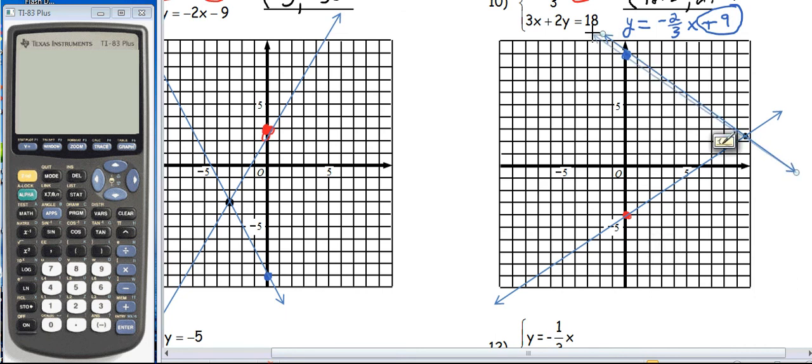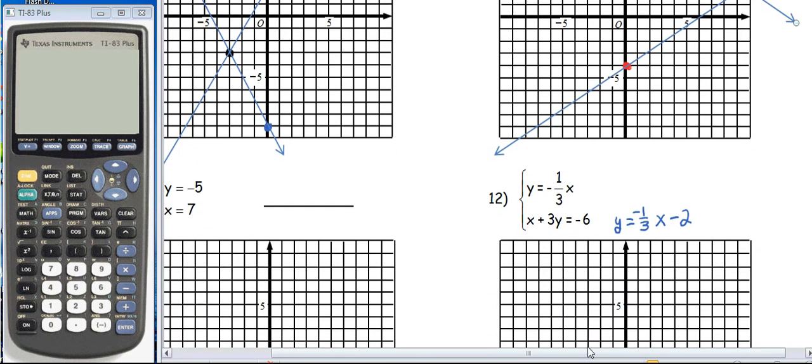And so, really, at a minimum, I want to see your point of intersection and your y-intercept. Point of intersection, y-intercept. All right.